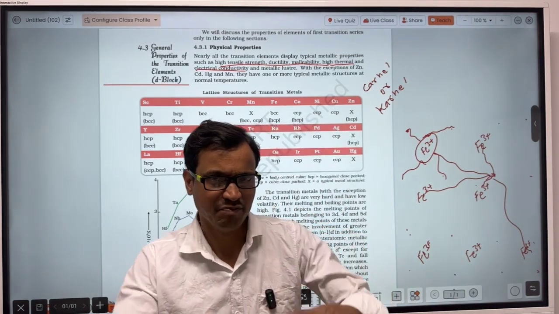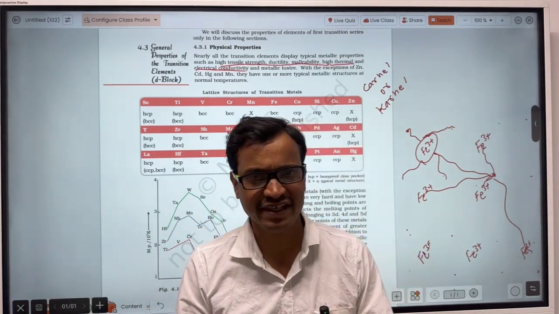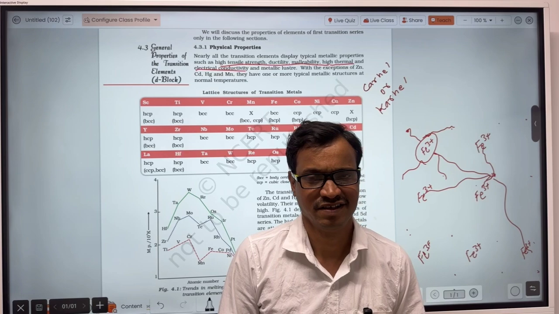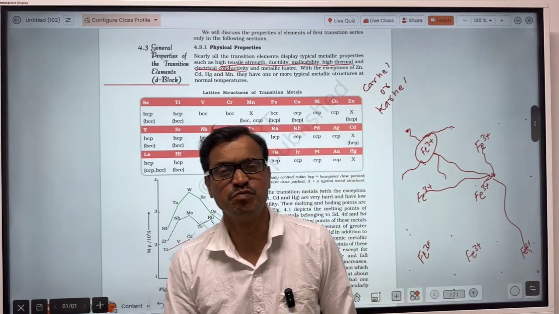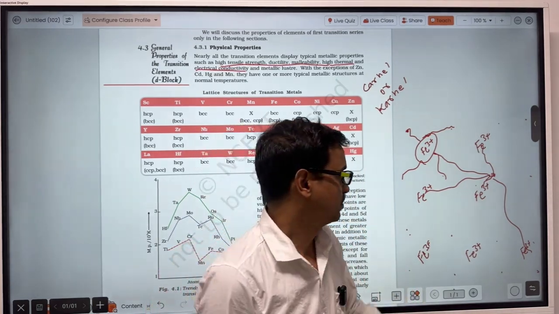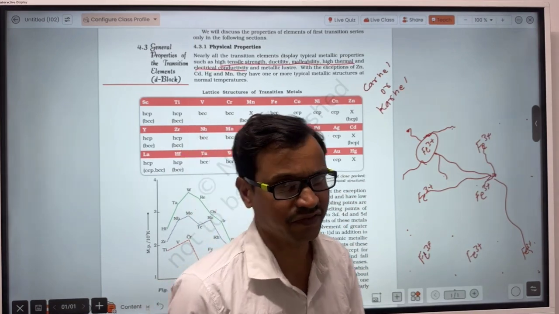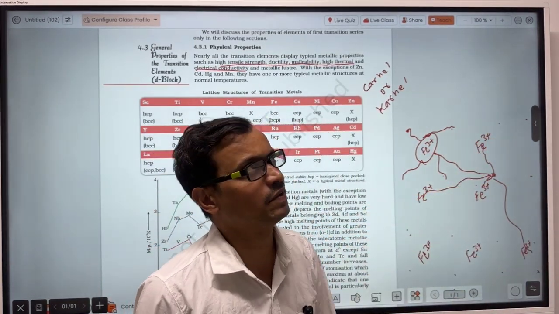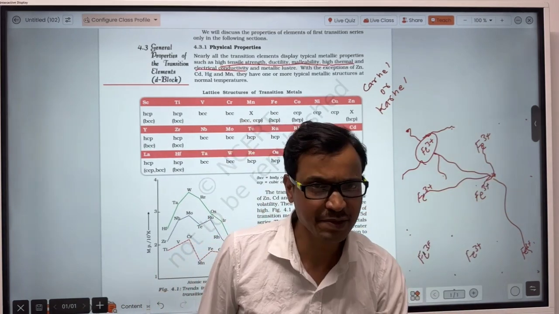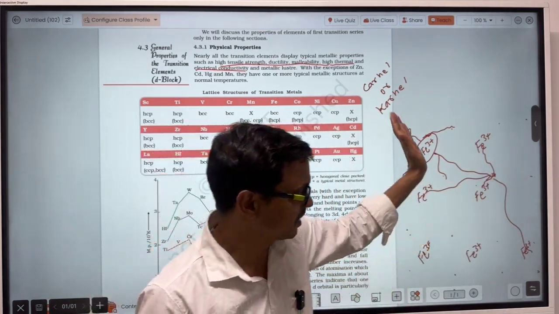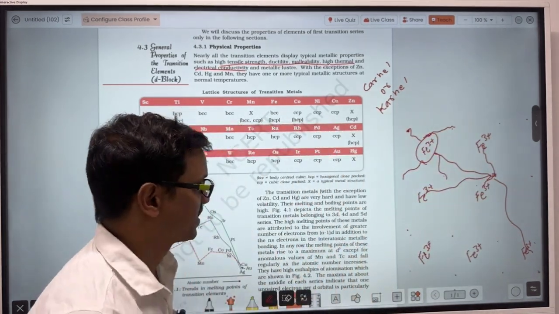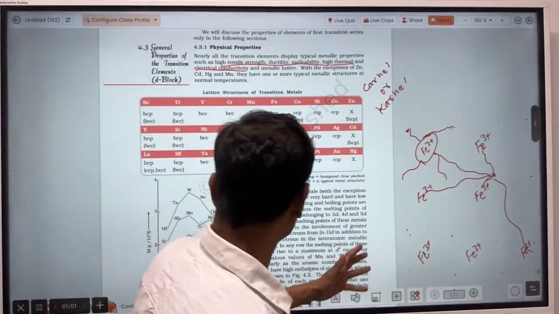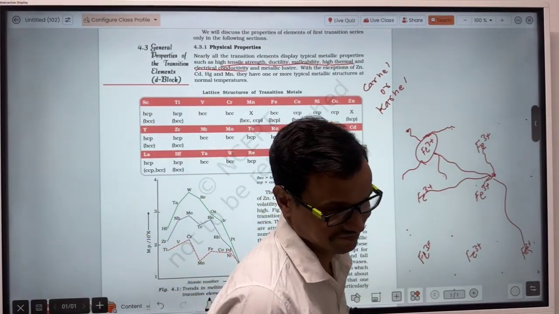That's why a number of electrons are involved to which the kernel is bonded. That's why the strength of the metallic bond is high, and when the strength of the metallic bond is high, the melting point is high, the tensile strength is high, and the enthalpy of atomization is also high.